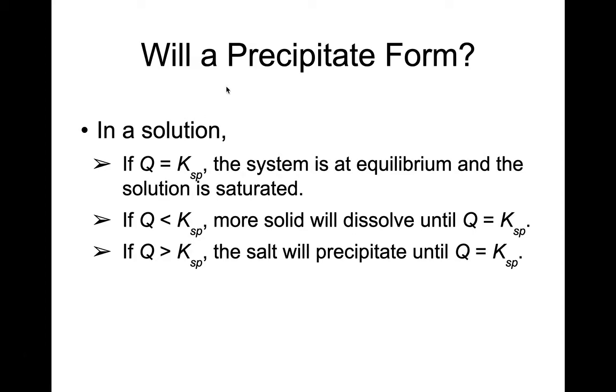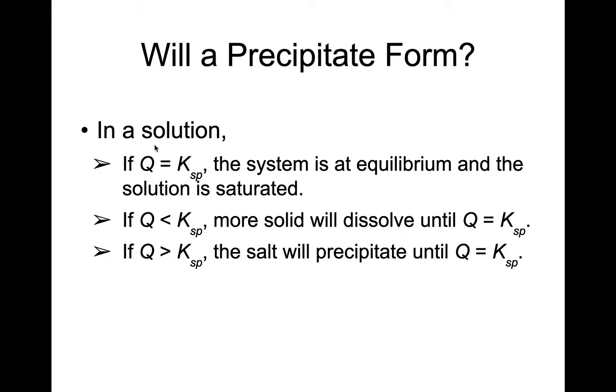So on your homework, some of your questions give you a set of conditions and ask if a precipitate will form. The way to calculate that is to use Q. If you remember Q, our reaction quotient, just like we compared it to the equilibrium constant in our past unit, we can compare it to the equilibrium solubility product constant in really the same way.